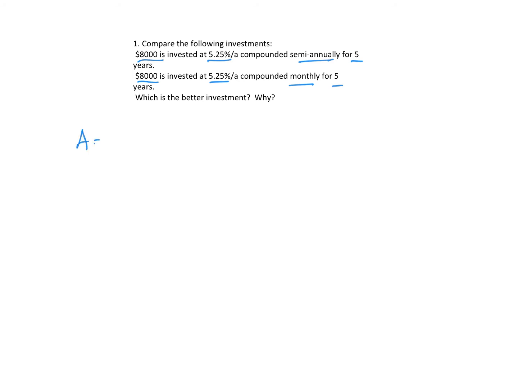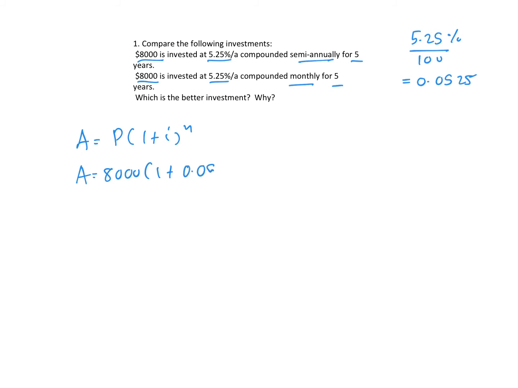So in the first one, so here's our formula, P times 1 plus I to the n. So in the first one, it's $8,000. The interest rate is 5.25%. If you're not sure what that is as a decimal, divide it by 100 so that you are accurate, because sometimes we make a mistake with the decimal.